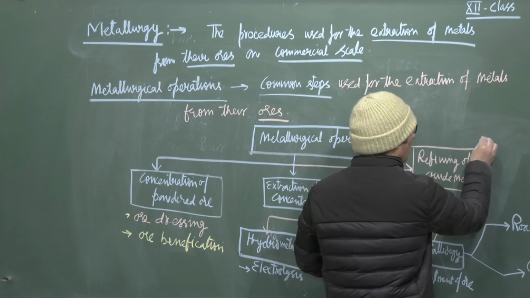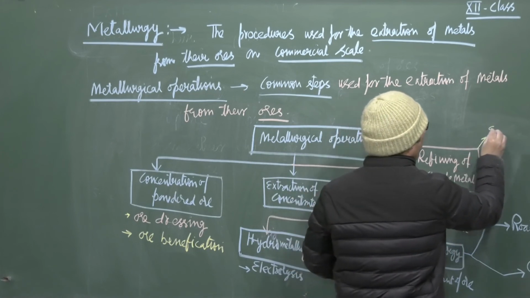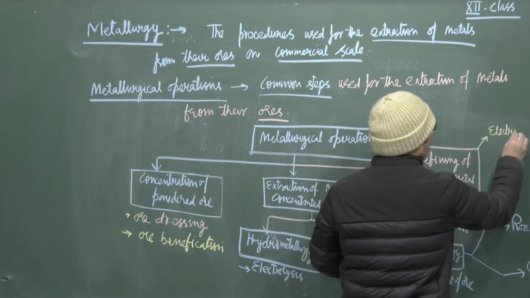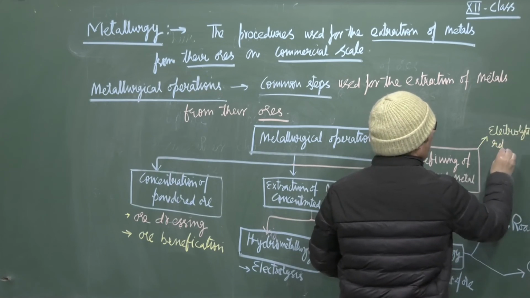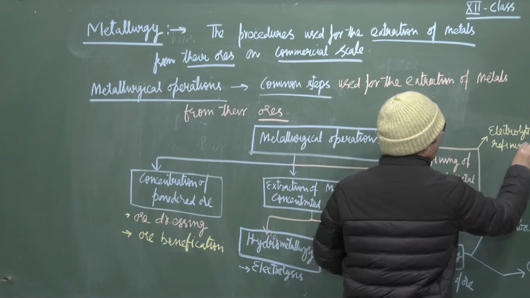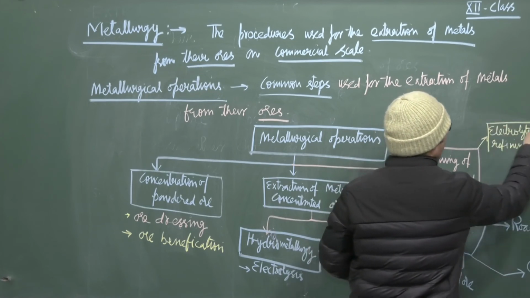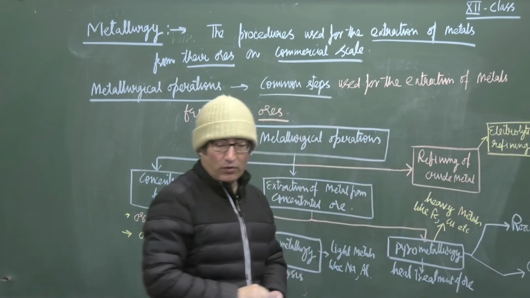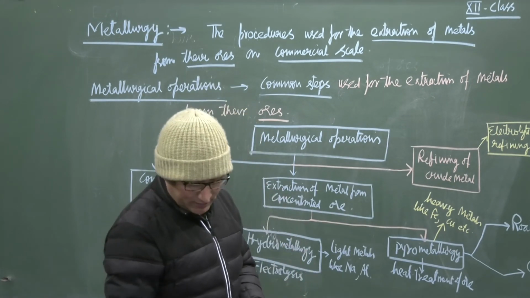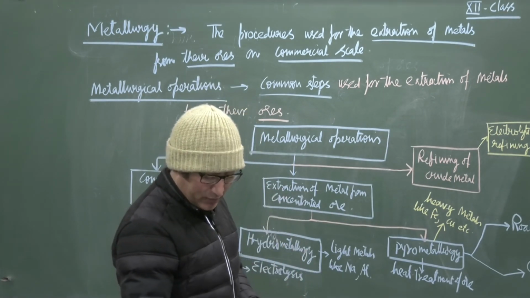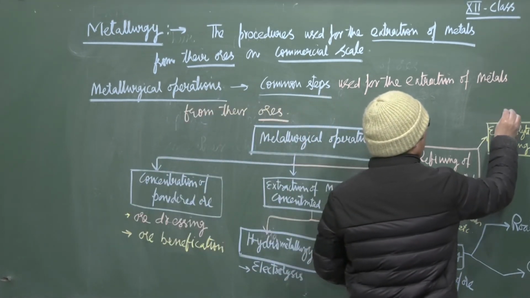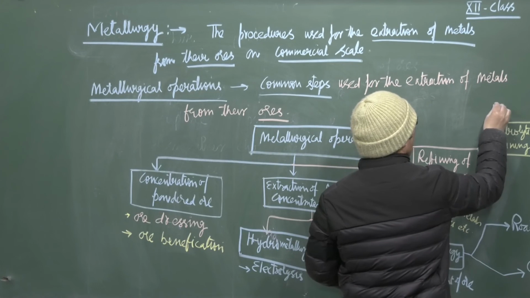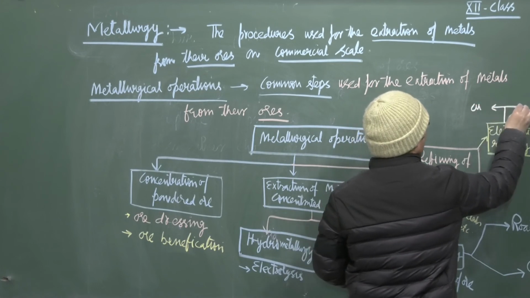The methods used are, first, electro-refining, or electrolytic refining. This is used when you don't require a highly pure metal, like copper and zinc.